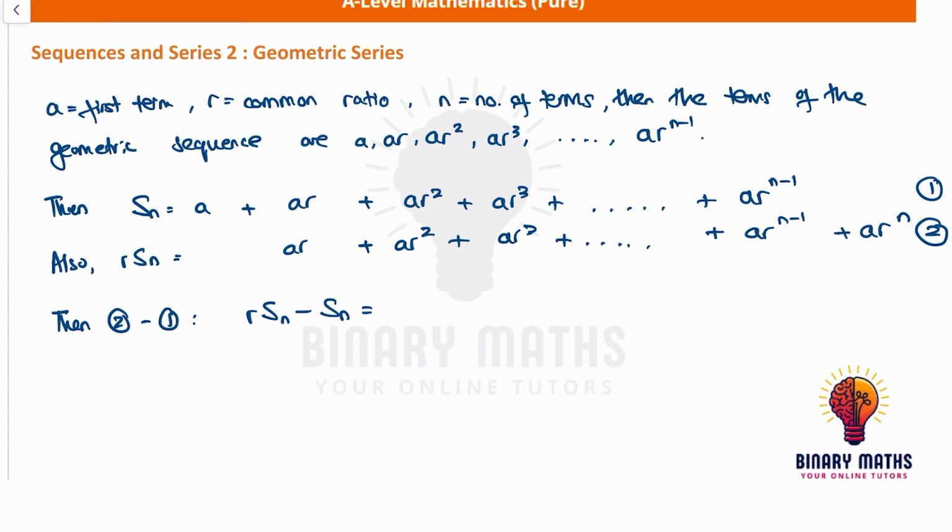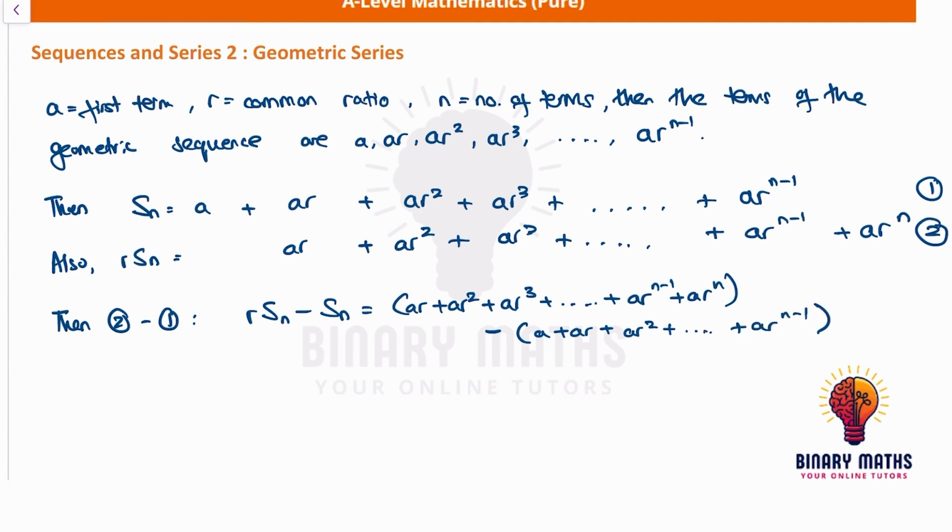And then on the right it's ar plus ar squared plus ar cubed plus dot dot dot plus ar to the power of n minus 1 plus ar to the power of n, take away a plus ar plus ar squared and so on, all the way up to ar to the power of n minus 1. When you subtract these two, you realize the ar and the ar cancel out, ar squared, ar cubed, and so on, and all you're left with are two terms on the right hand side.